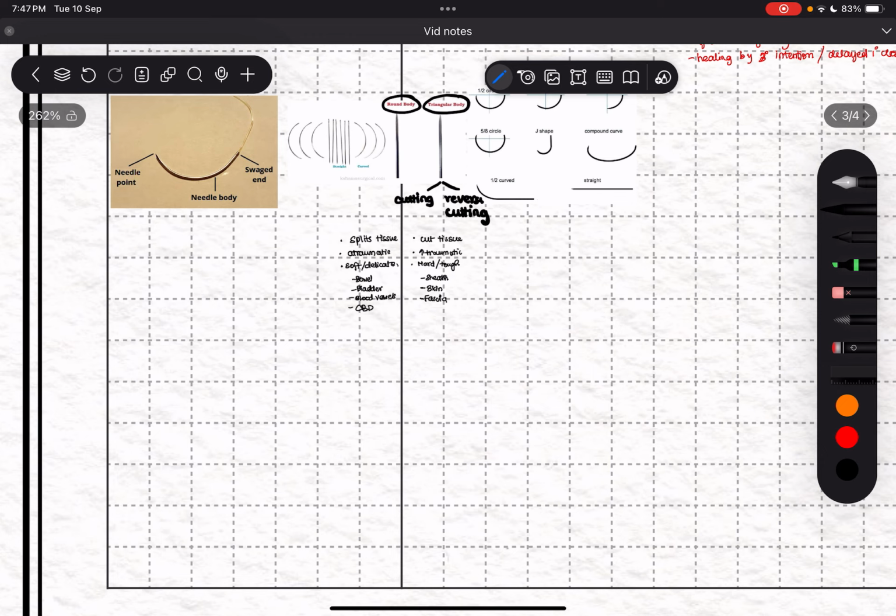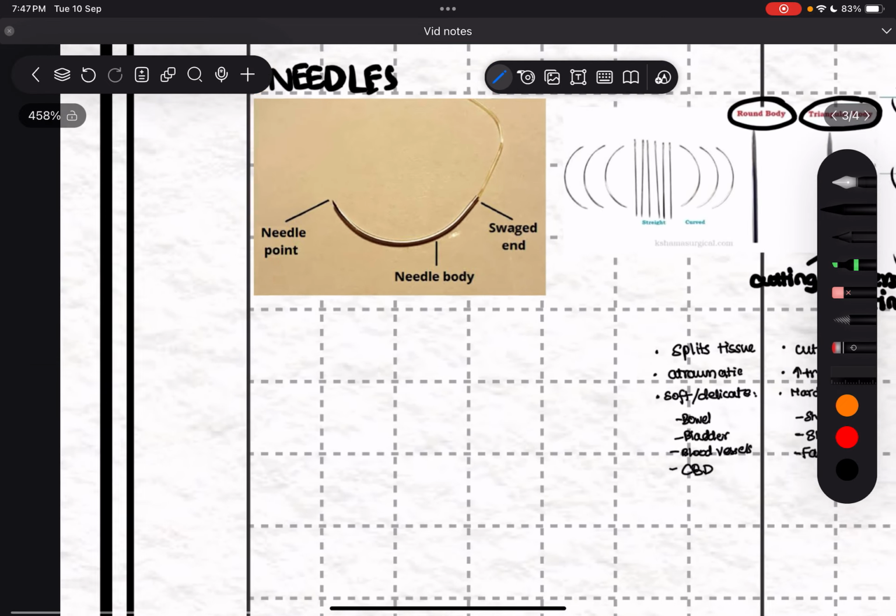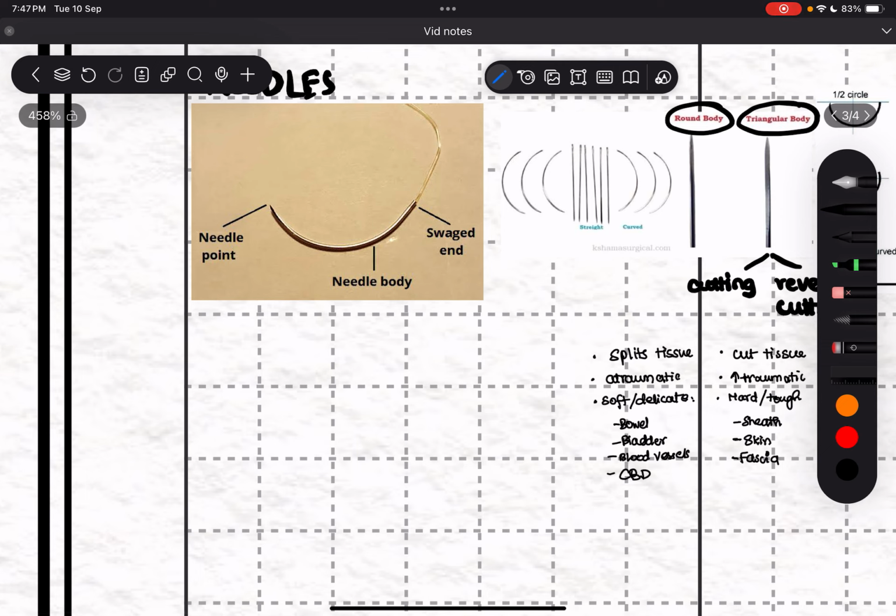The parts of the needle are, the needle has a body, a point, and a swaged end. The swaged end is the end where the suture material is attached, and we use a needle holder. The needle holder has crisscross serrations in it.